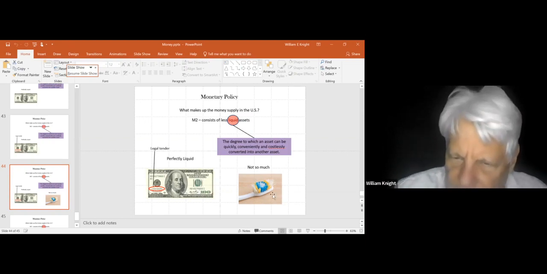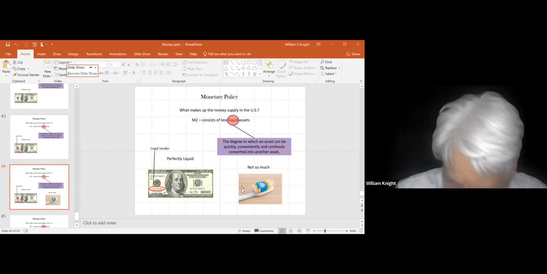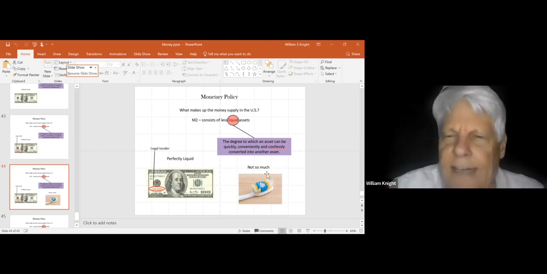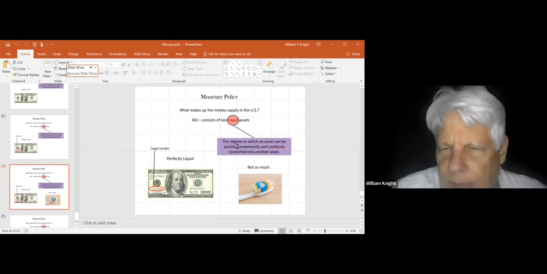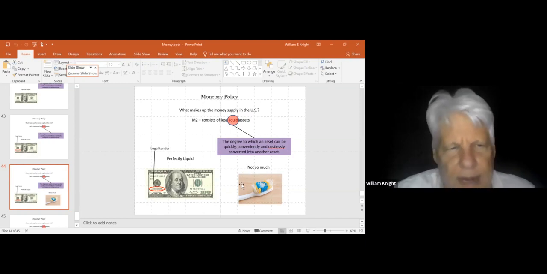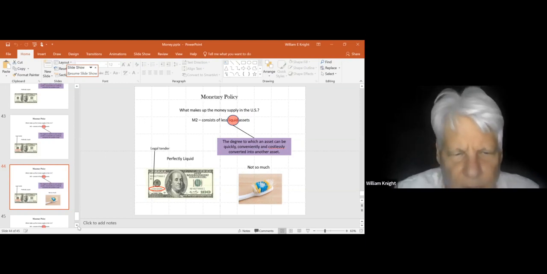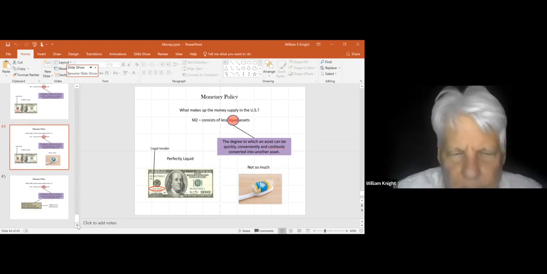Because I'm going to have a difficult time finding somebody who would accept that in exchange. So it's not going to be very quick. It's not going to be very convenient. So this is less liquid. As a matter of fact, I would call it an illiquid asset. I'm betting nobody would accept it. Only a pervert would accept it in exchange for a good or service.